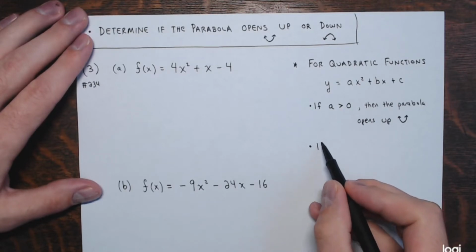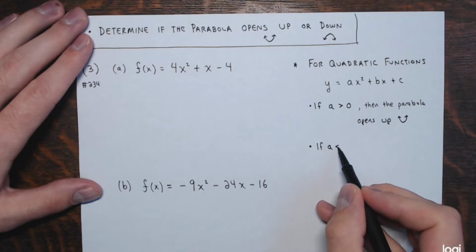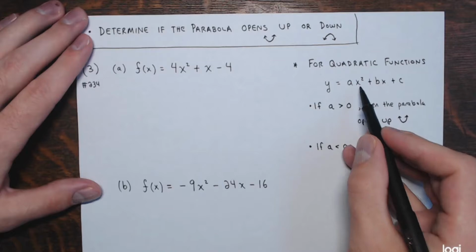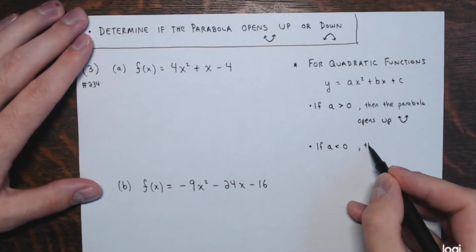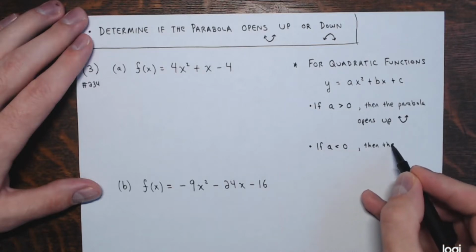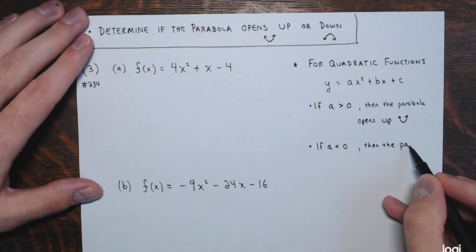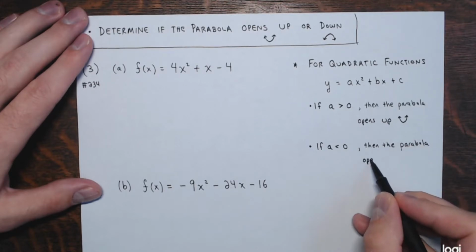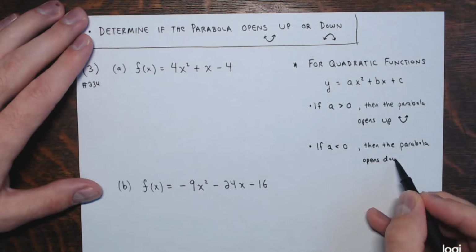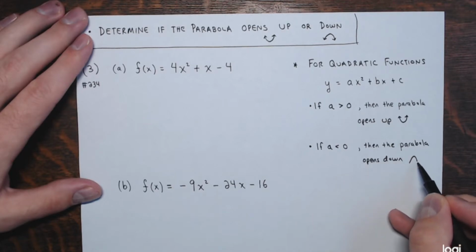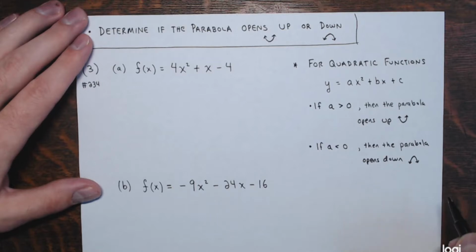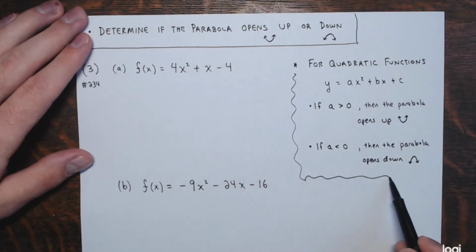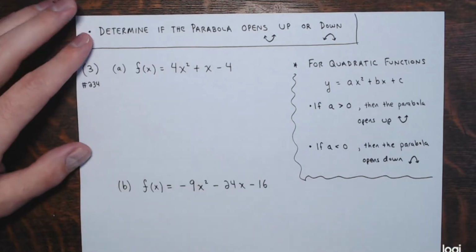If a is negative, if a is less than 0, if the lead coefficient is negative, then the parabola opens down. And it's that simple to tell. A frowny face has a negative attitude. And this is all you need to remember for these exercises.